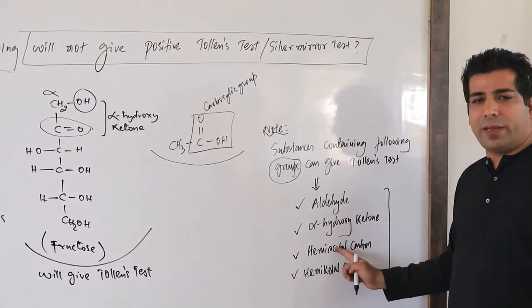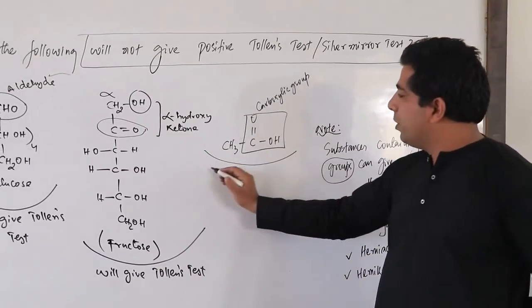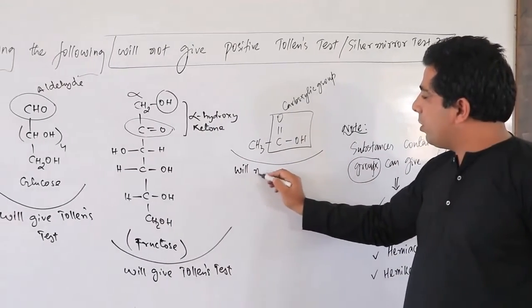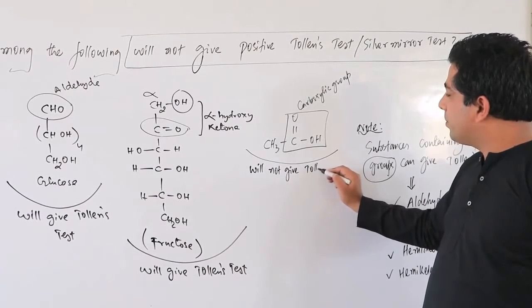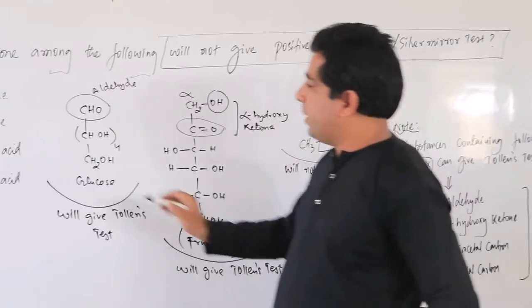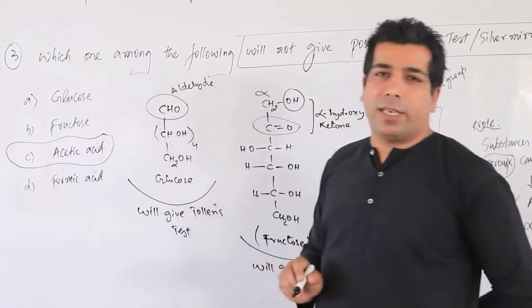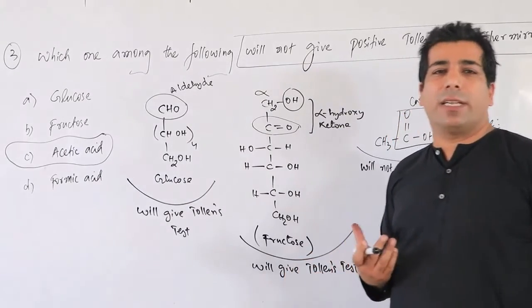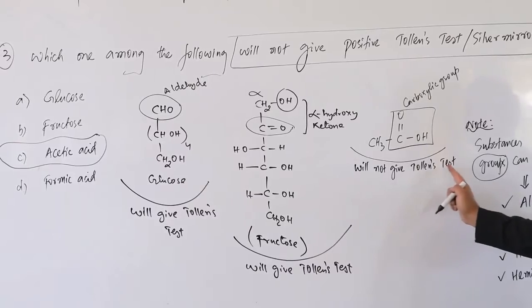It does not have hemiacetal carbon or hemiketal carbon. It's a carboxylic group. So will not give Tollens test. So our answer is basically now acetic acid, because it does not contain aldehyde, it does not contain alpha hydroxy ketone, so will not give Tollens test.